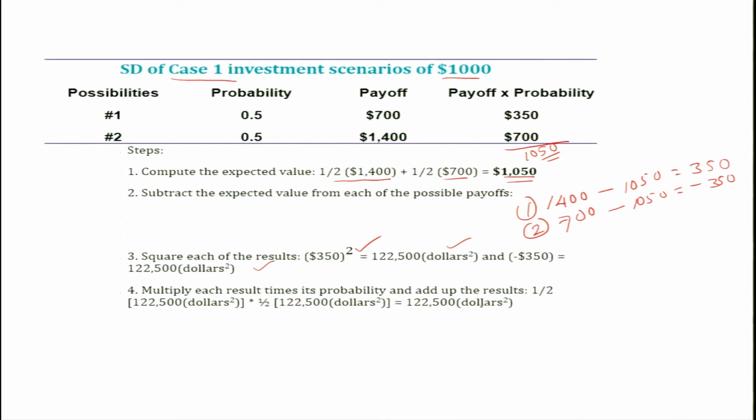Finally, you will be getting this as the square of each result. Then the standard deviation is the square root of the variance, and you will be getting this one, equal to 350. So, in this case you can see that the standard deviation is going to be 350.